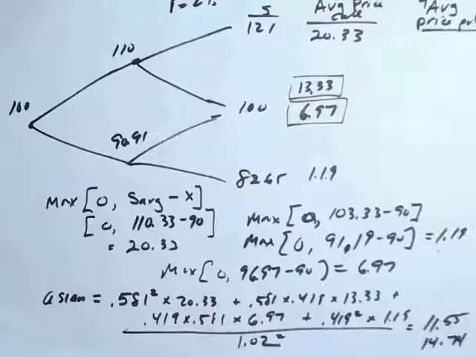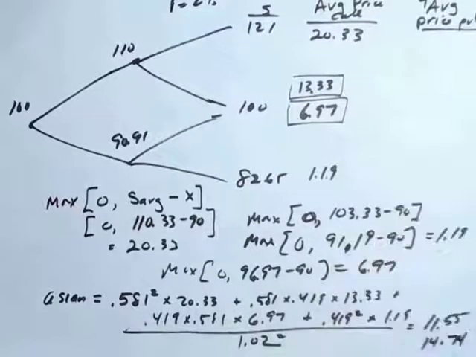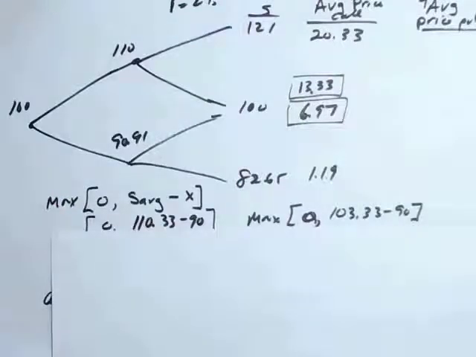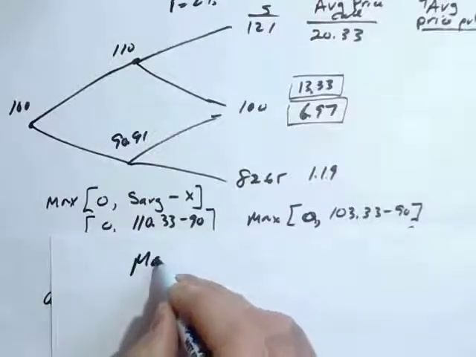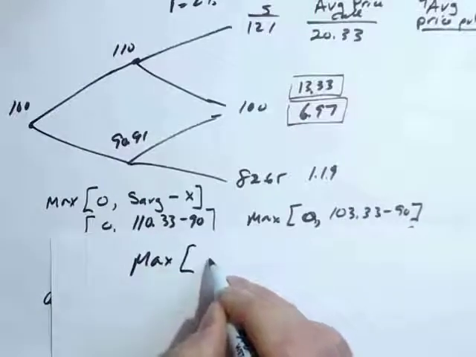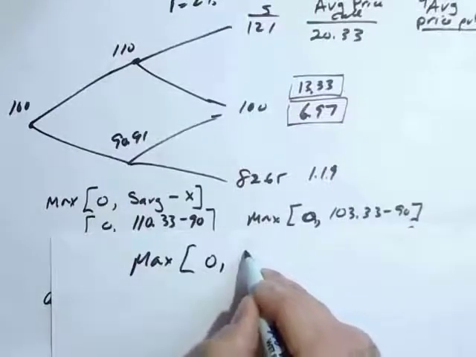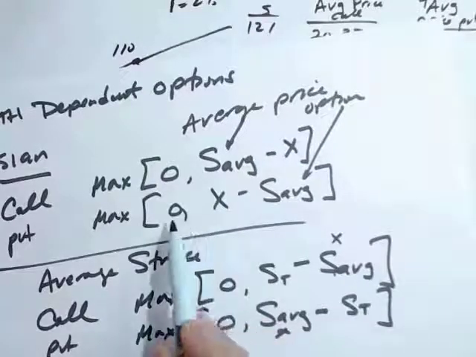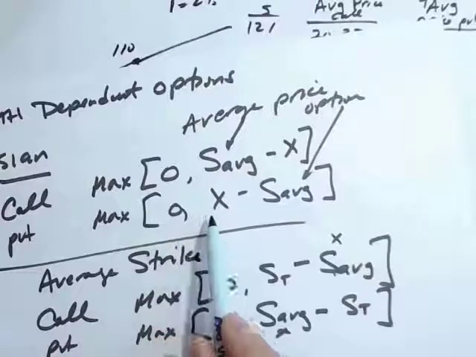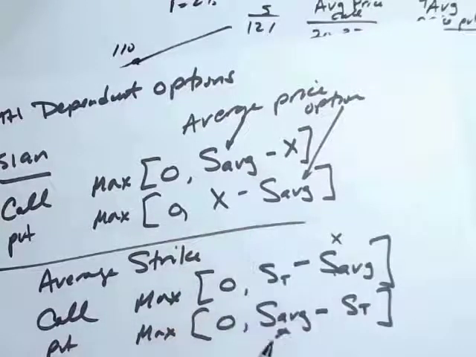Now, for the average put, let's calculate the average put now. What we need is a maximum of 0, or now we're going to use the strike here. I'm using this formula: it's 0 versus the strike minus the average price.